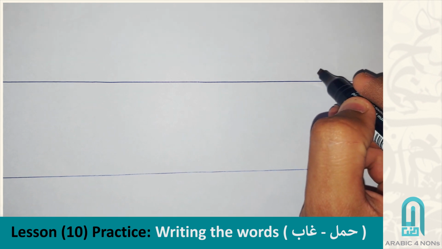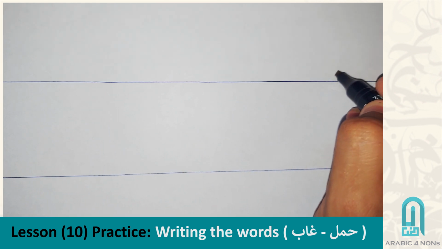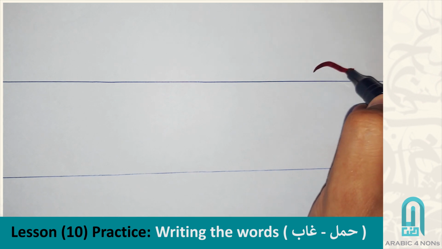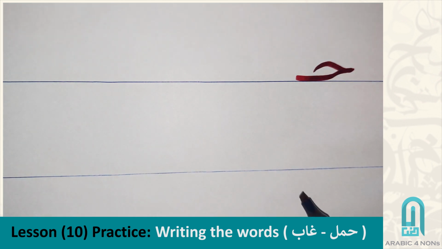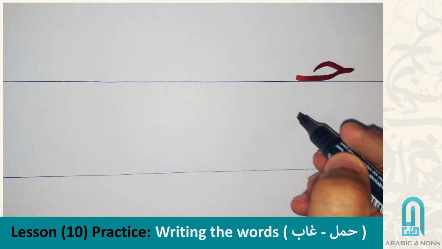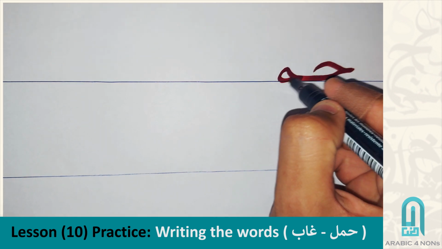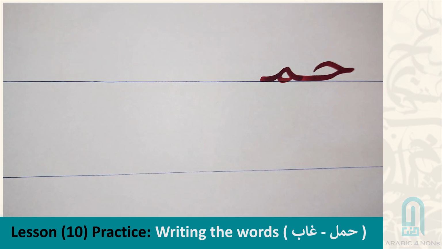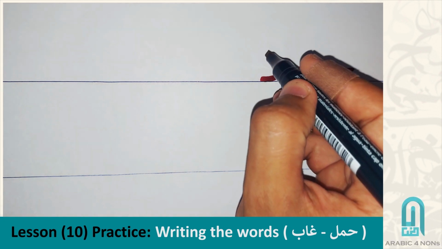We write it like this, a curve to the right and then a curve to the left, like this. And then the second one, م, only the circle, and we stretch the other line. And then finally, the last one, ل, like this.